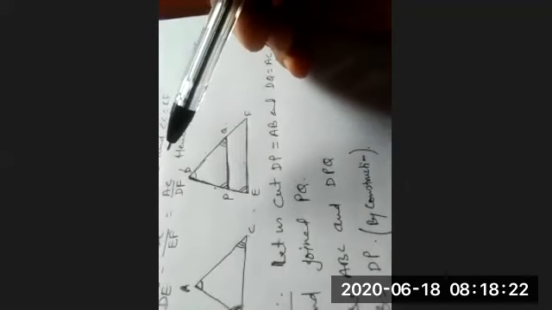Let me clear. Can you write this? Firstly, we have written DP by PE. Okay. Then we have written DP divided by DE.